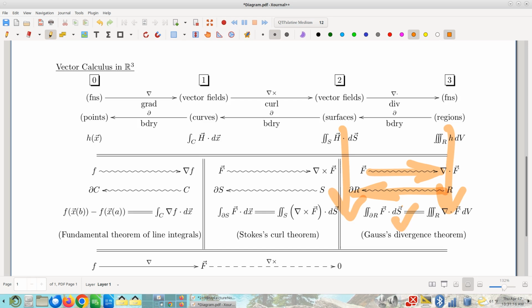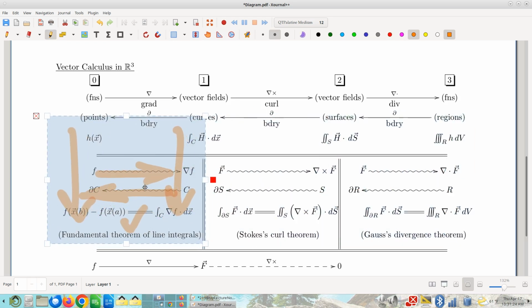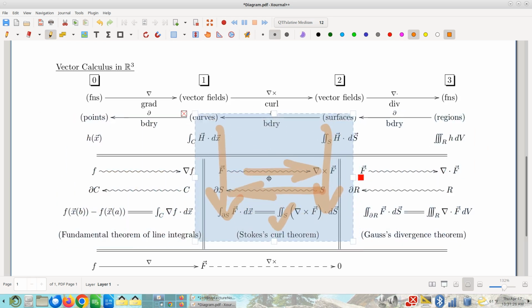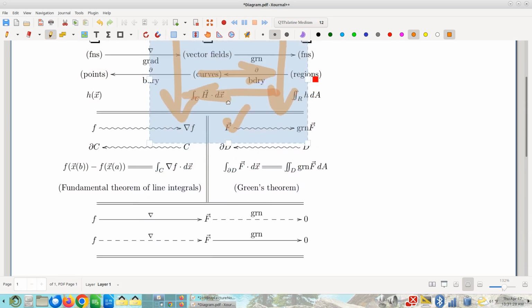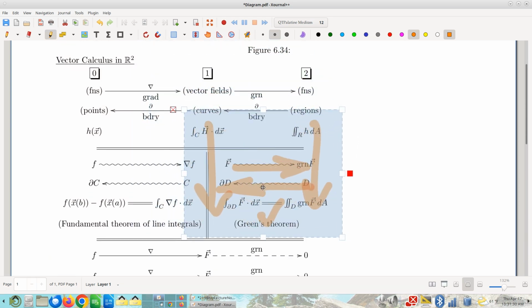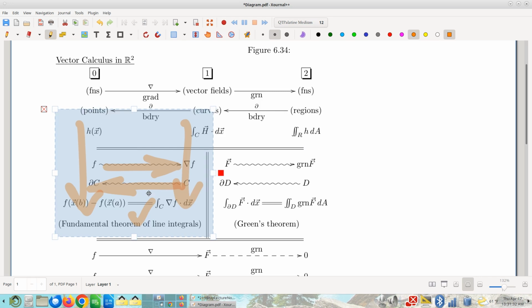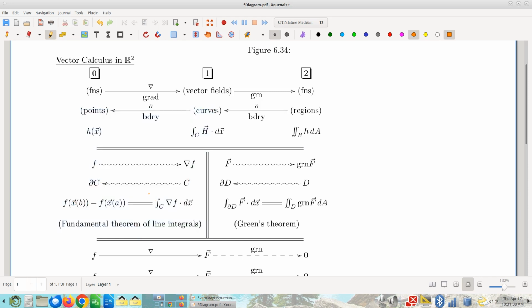One pattern. It applies for Gauss's divergence theorem. It applies for the fundamental theorem of line integrals. It applies for Stokes' theorem. It applies for Green's theorem. It applies for the two-dimensional fundamental theorem of line integrals. It's all the same pattern. So another really good little learning opportunity.